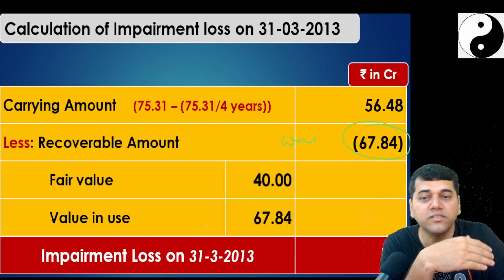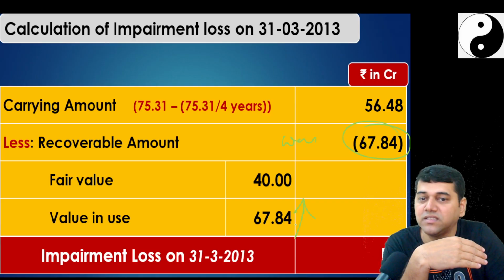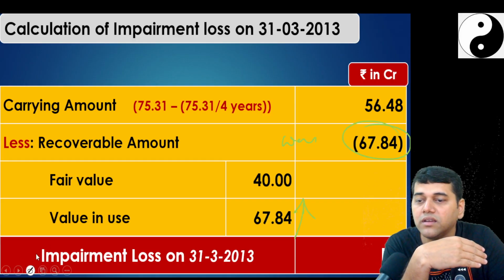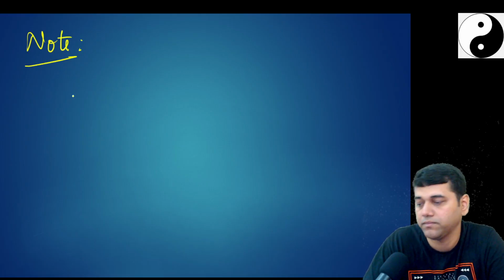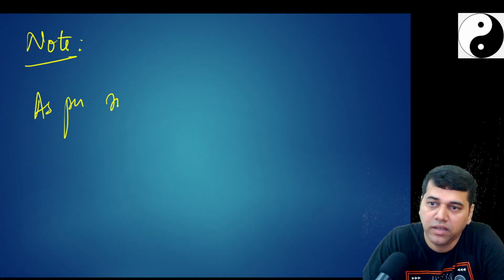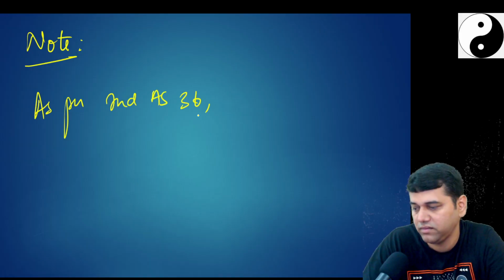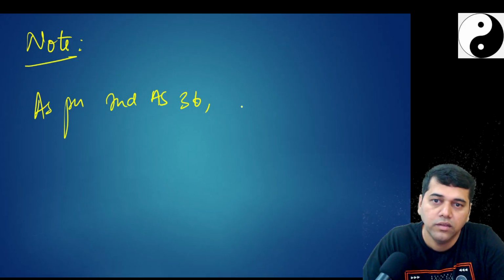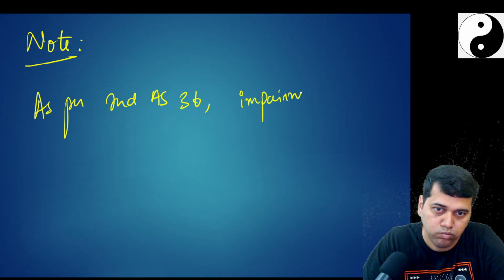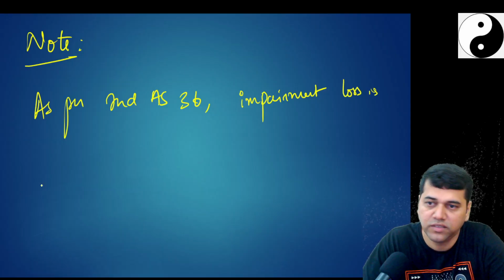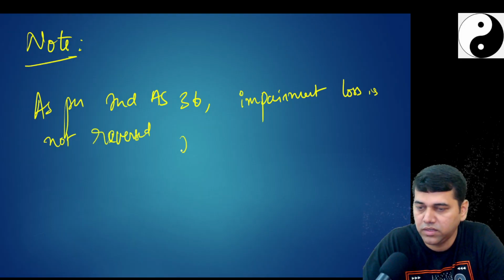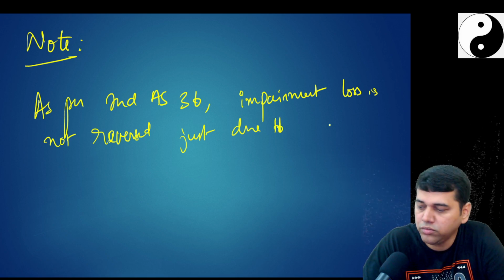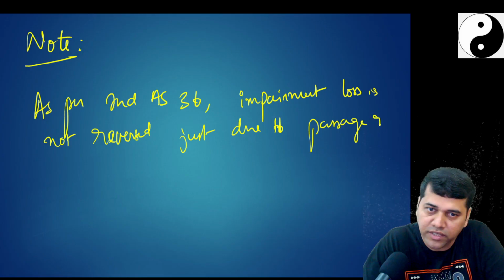But the problem is this value in use is increased because of the time value. So write a note. This is what you need to write. Note. Are you clear? As per Ind AS 36, impairment loss is not reversed just due to passage of time.